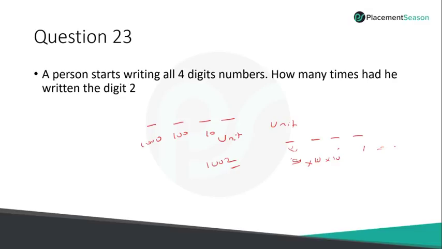And if it is in the 10th place, it is 9 into 10 into 10, again 900. If it is on the 100th place, again 900. Okay, the next one, if the digit 2 is in the 1000th place, this is 10 into 10 into 10, so you can take it as 1000.